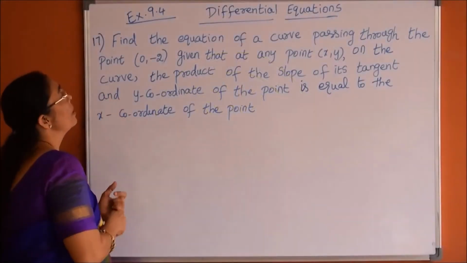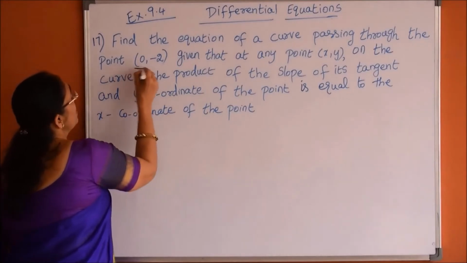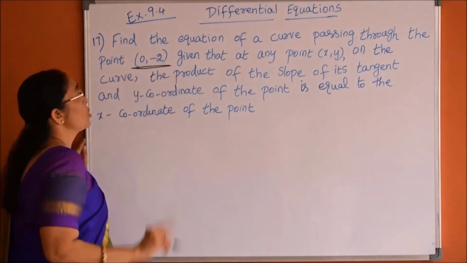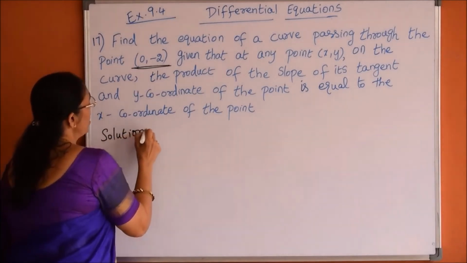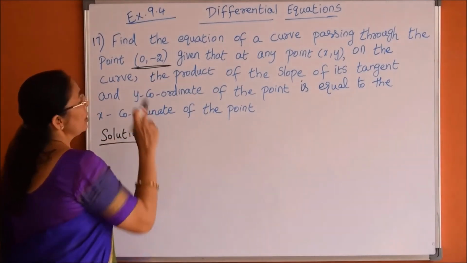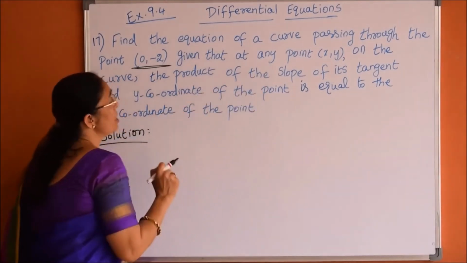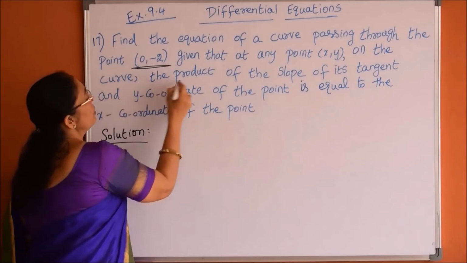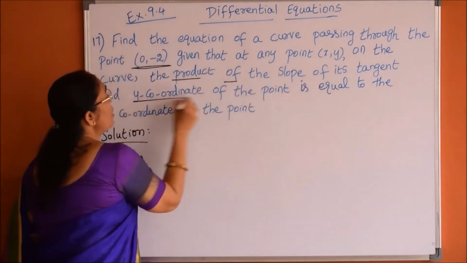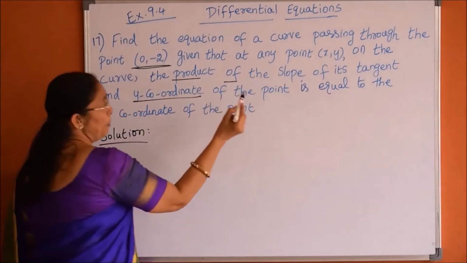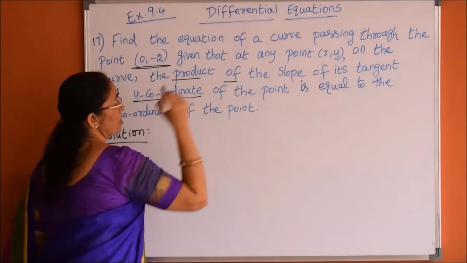17th problem: find the equation of a curve passing through the point 0 comma minus 2. So, one condition is given, the curve is passing through the point 0 comma minus 2, given that at any point x comma y on the curve, the product of the slope of its tangent and y coordinate of the point is equal to the x coordinate of the point.